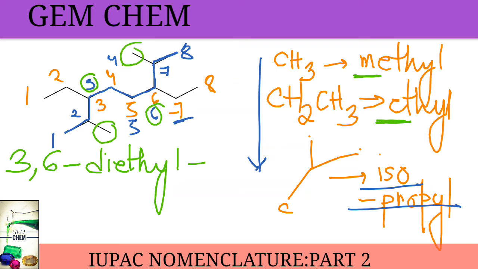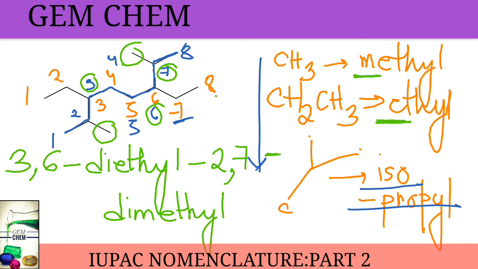No, not 4, it is the 7th position. So 2,7 dash, I am writing it downside, but it will be in a single line, dimethyl. Since it has 8 carbons, it is oct and the suffix is -ane. So 3,6-diethyl-2,7-dimethyl octane.